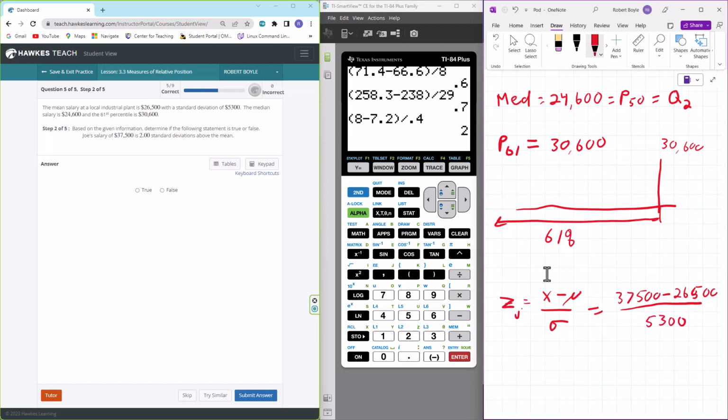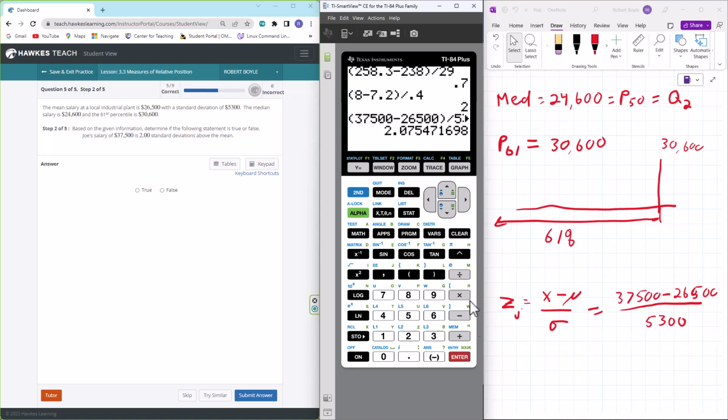Okay, so we can just go ahead and compute that. 37,500 minus 26,500, close the parenthesis, divided by 5,300, and that gives us 2.0. So it is not 2 standard deviations above the mean. It is more than 2 standard deviations above the mean, and therefore the answer should be false.